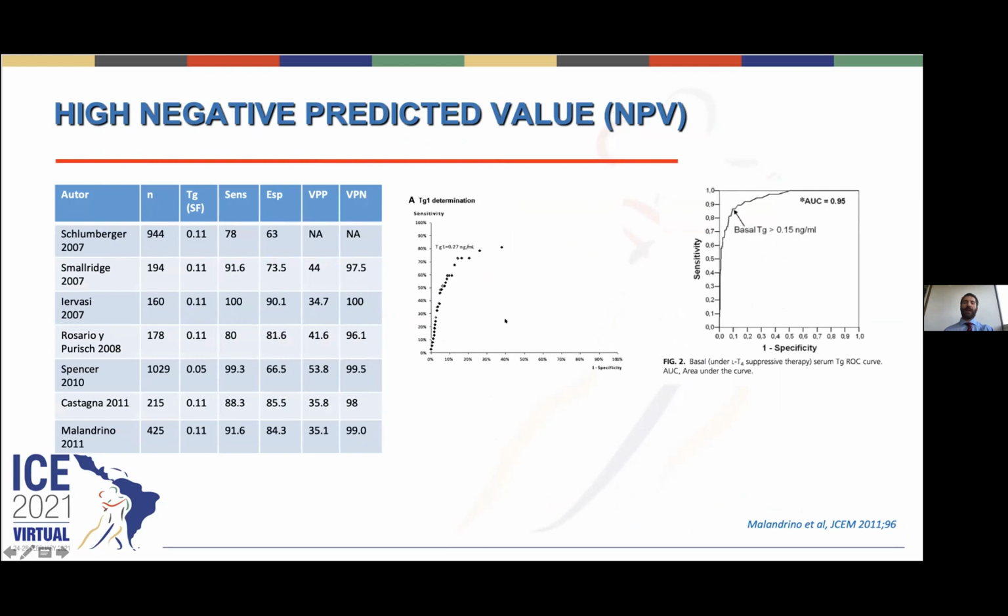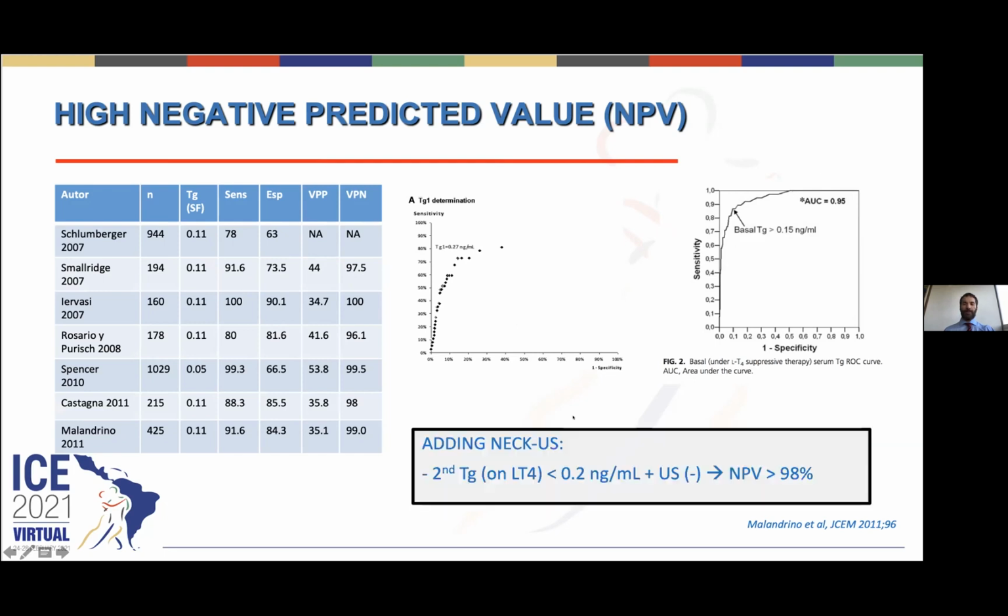Different studies have shown that the cutoff that combines the best sensitivity and specificity to find recurrent disease is around 0.2 nanogram per ml. Therefore, nowadays we know that using this second generation thyroglobulin on levothyroxine, when the value is below 0.2 nanogram per ml, plus negative thyroglobulin antibodies, plus negative ultrasound, the negative predictive value of having persistent or recurrent disease is more than 98%.